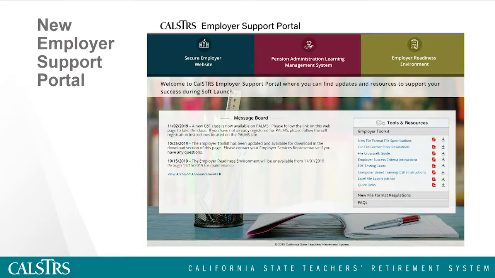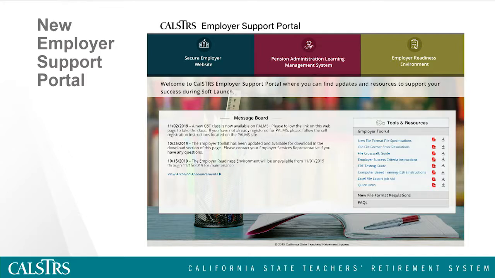In the top middle, you see the Pension Administration Learning Management System. Now you're going to love this. That is where you would go to take computer-based training. Right now we are developing a lot of computer-based training. The acronym is CBTs. I might slip into my acronyms by mistake. We're developing CBTs on how to submit contributions to the new pension administration system, how to manually enroll members, all that functionality that you're wondering how you're going to do.